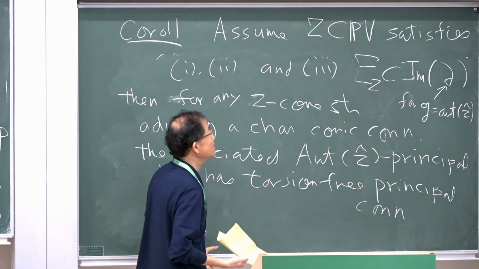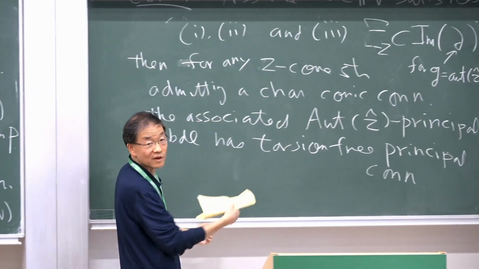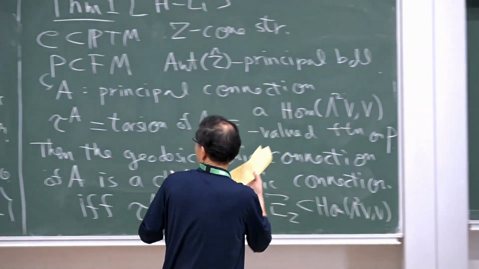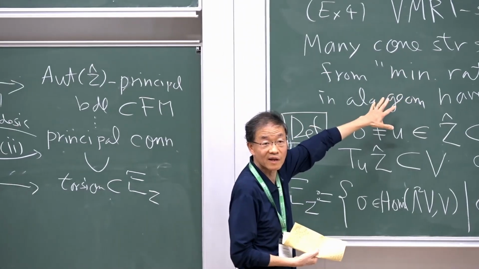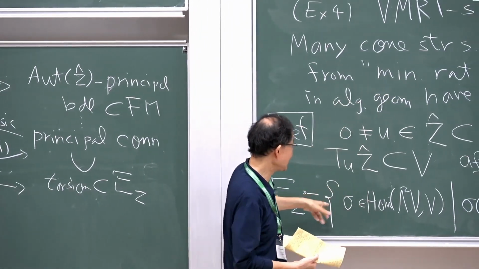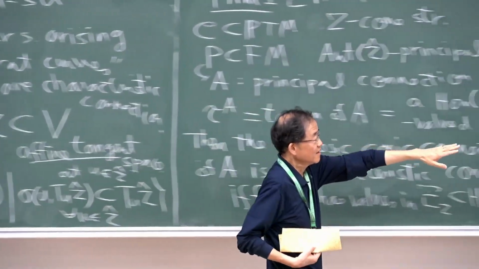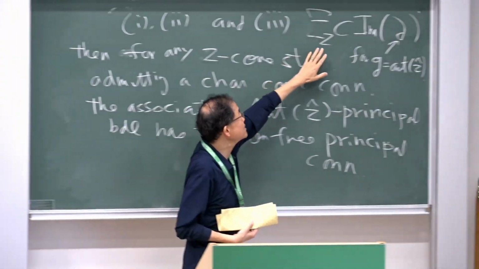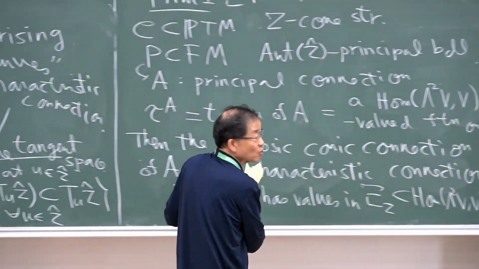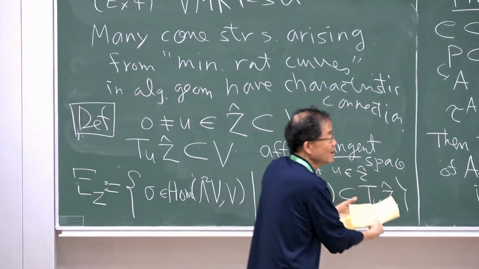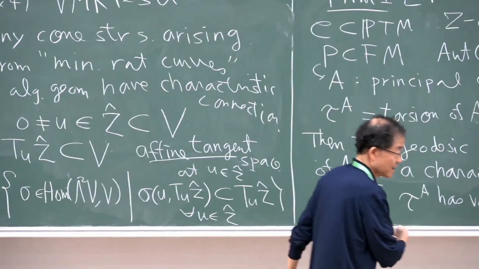So there must be a torsion-free connection. As long as it satisfies this condition, it's always torsion-free, and that gives a lot of restriction on geometry.